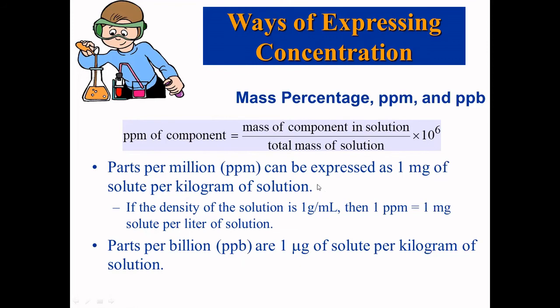So parts per million can be expressed as 1 milligram of solute per kilogram of solution. Your answer here, which has a unit of ppm, whatever your number is, you just simply affix ppm. The ppm unit, class, could be changed to milligram per kilogram.